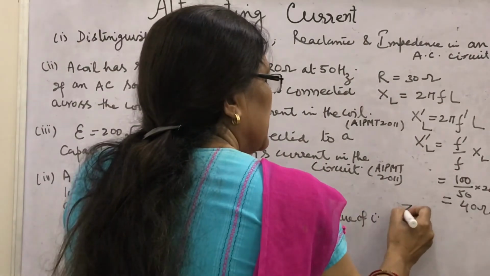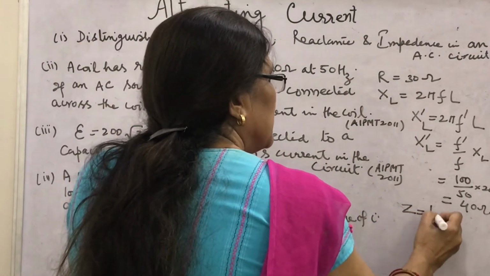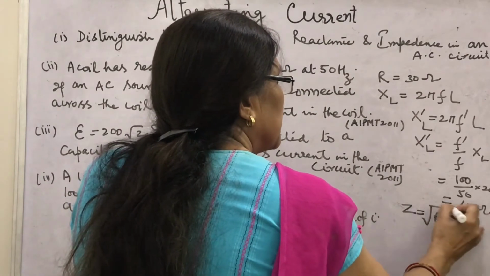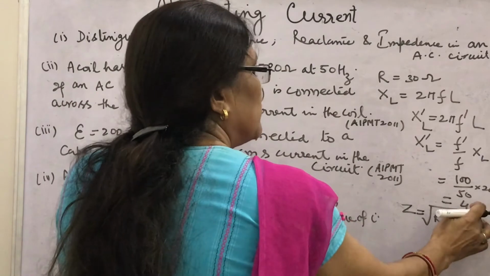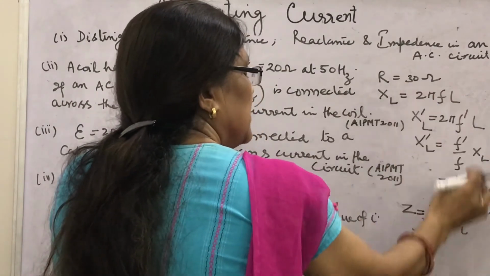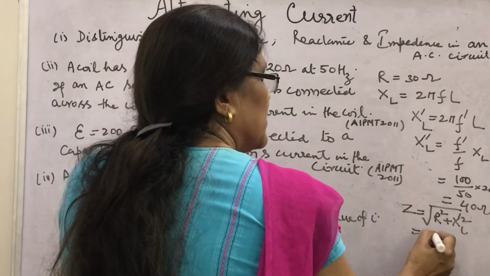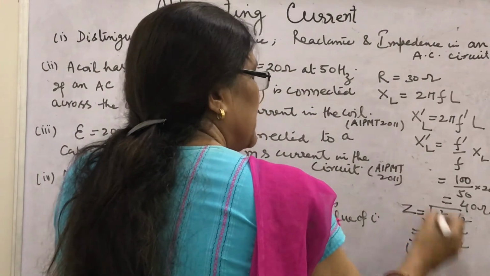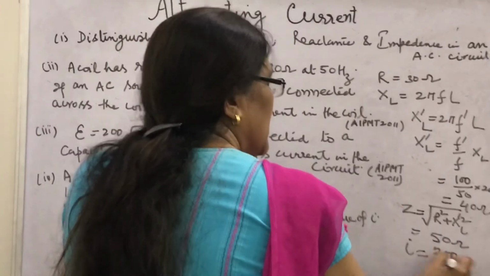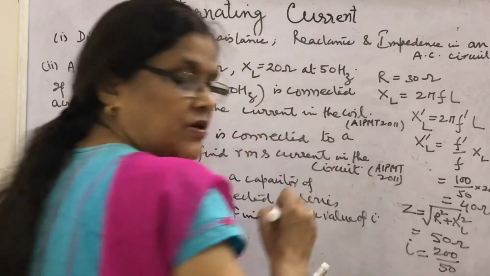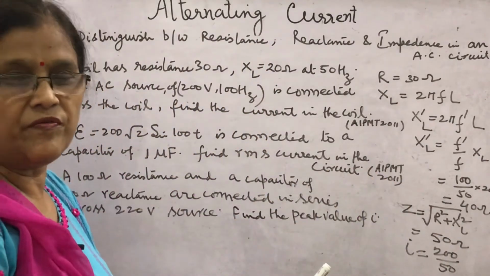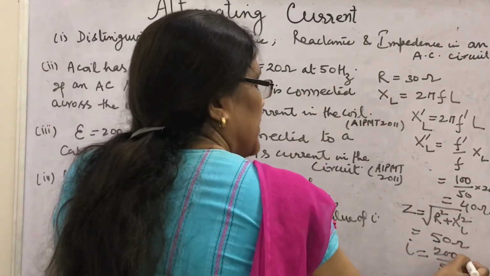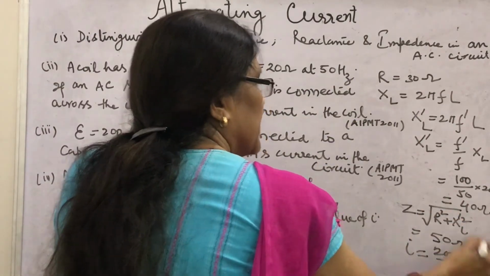Z will be the square root of R square plus this new XL square, with new XL 40 and R 30. 30 square plus 40 square, what will this be? 50 ohm. Therefore I will be 200 upon 50. What is 200 upon 50? 4 ampere. So in this case the current will be 4 ampere.